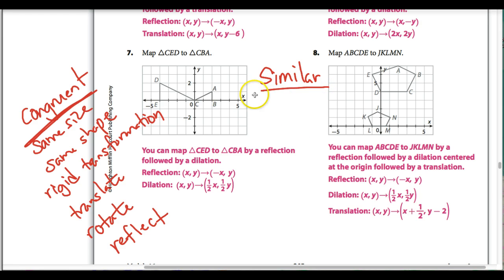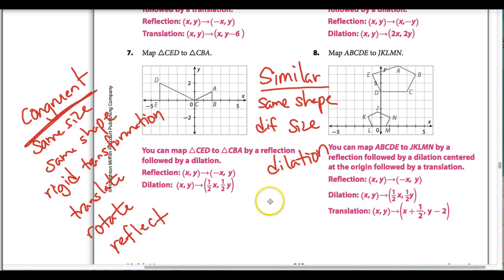But if you want to say that two triangles or any kind of shape are similar, then it's still the same shape, but it's a different size, okay? And so when we talk about same shape, different size, obviously we think about dilation. Then again, we have to think about what? Non-rigid transformation. Non-rigid transformation is another word for saying it's the same shape but different size.